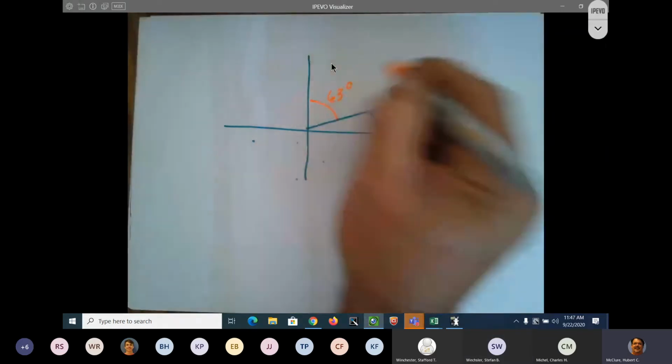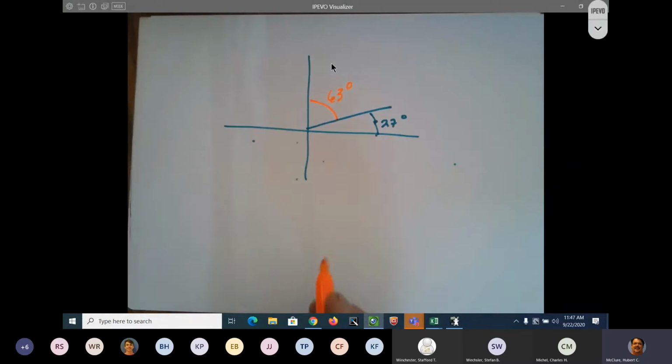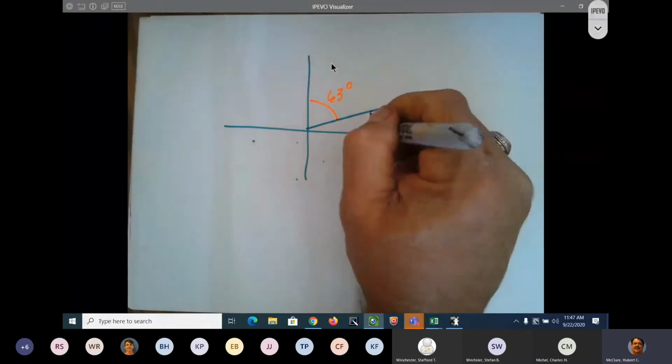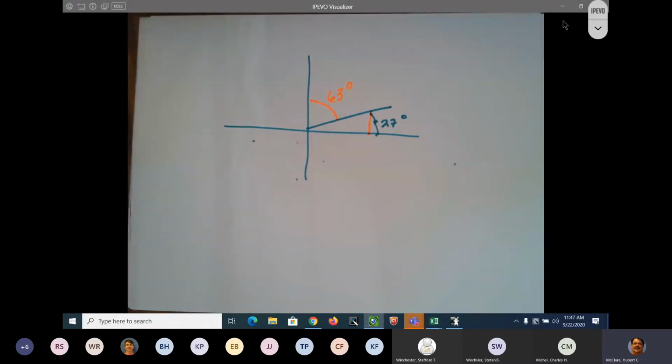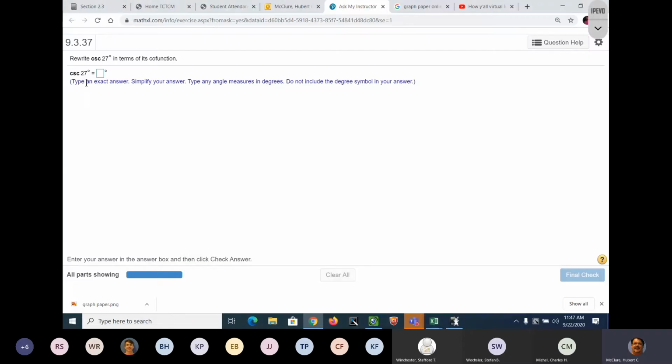Now, I don't know if they want the reference angle, or if they say, well, this is 27 degrees. They might want this. Let's see. Sine, cosine, tangent, cotangent, secant, cosecant. Okay, now the cofunction of cosecant is the sine.